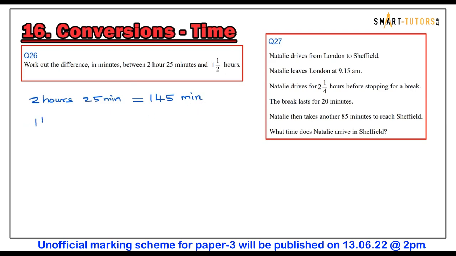And 1.5 hours is equal to 60 plus 30, 90 minutes. So the difference, you take away one from the other, 55 minutes is the answer for the first question.